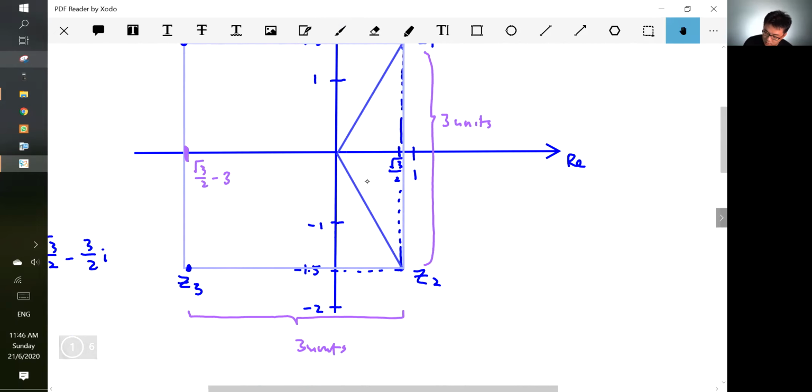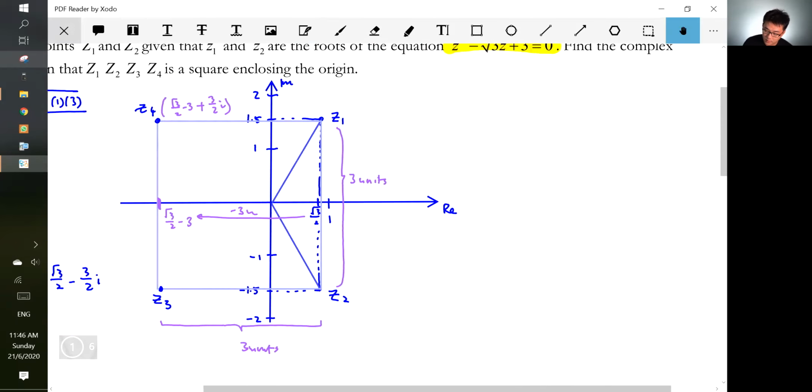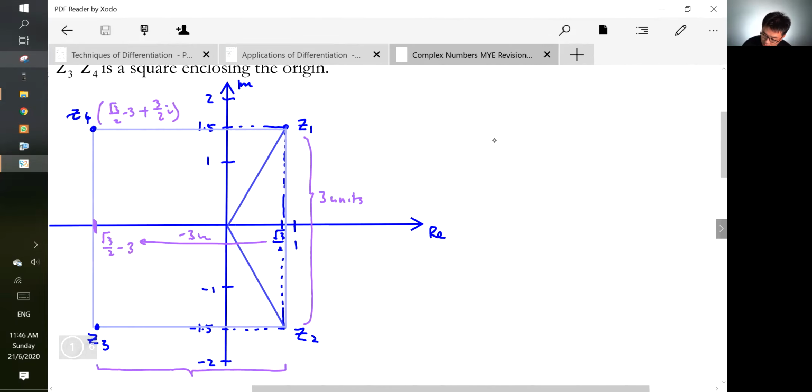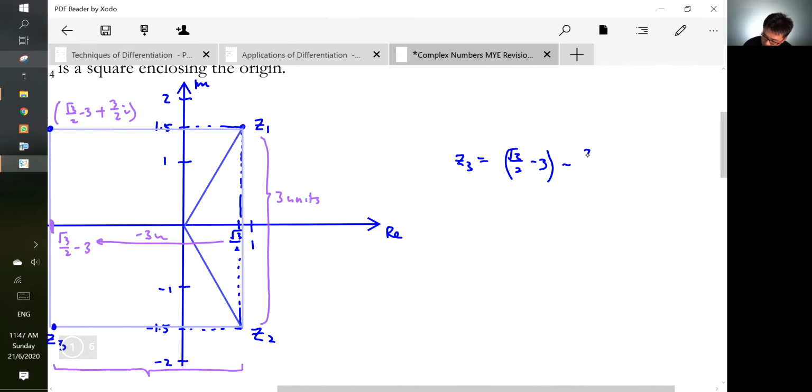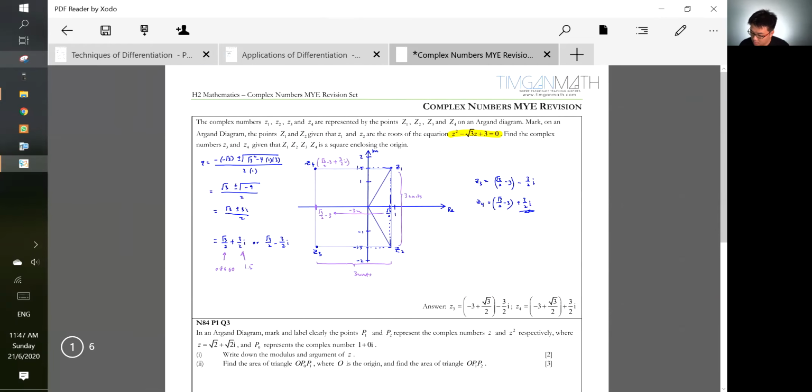Because it's 3 units, you just minus 3 units over here. Z3 will be, it's just a geometrical problem, nothing fancy, minus 3 over 2 i.